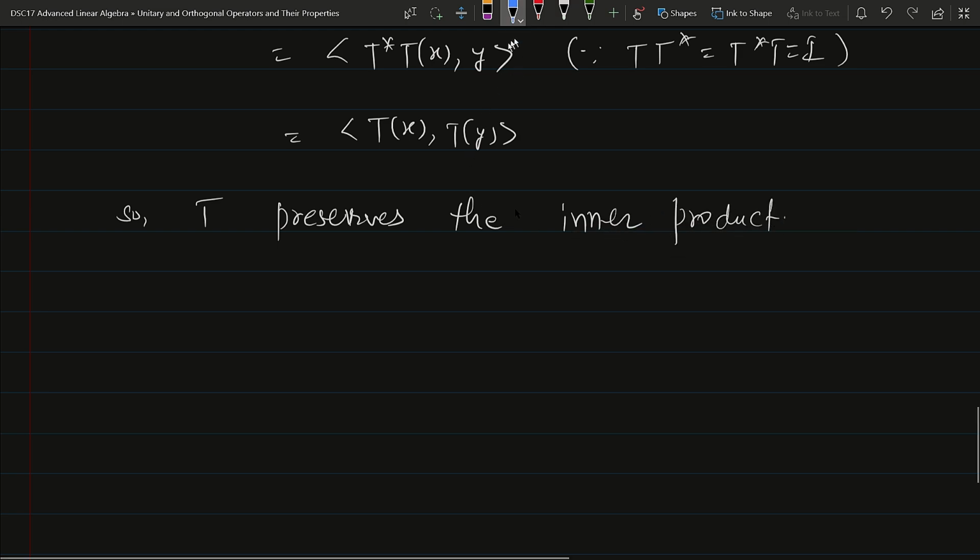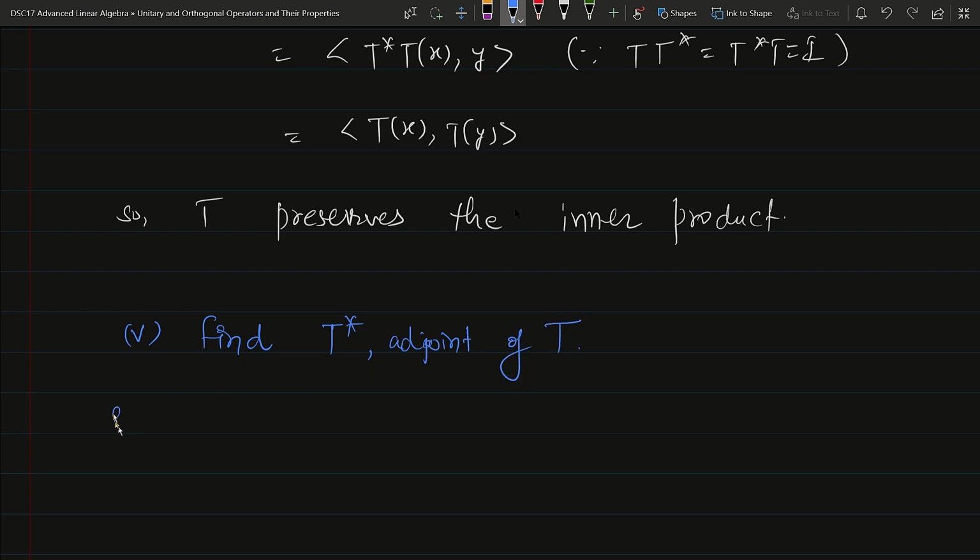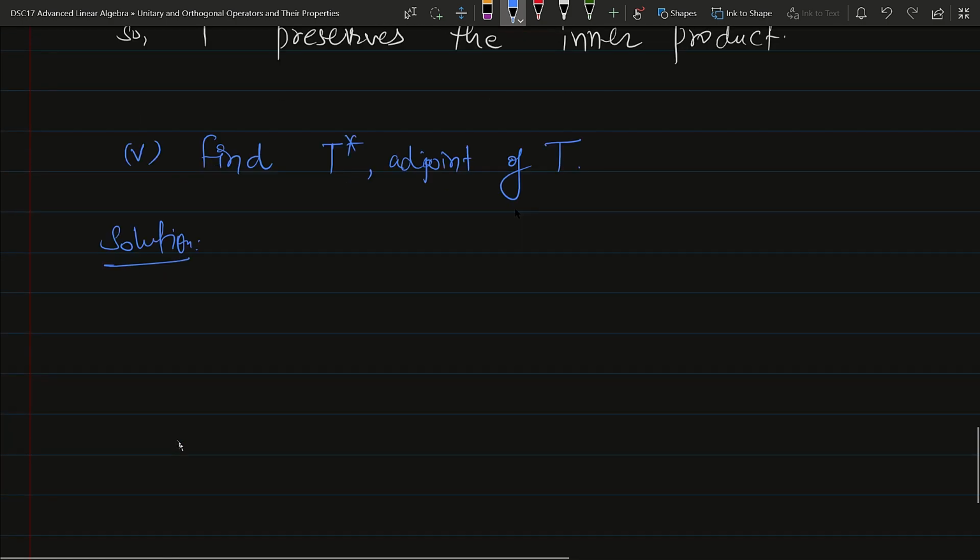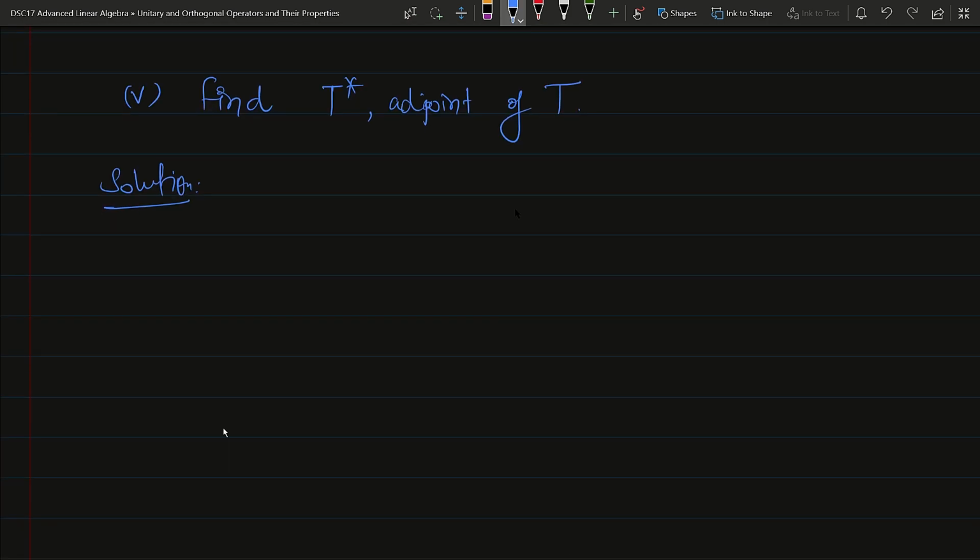ठीक है, now come to the last one, and that is find T star. What is the adjoint? That is adjoint of T. ठीक है, so अगर हम इसको by just looking at the matrices, we can write that since A star, what is A star?